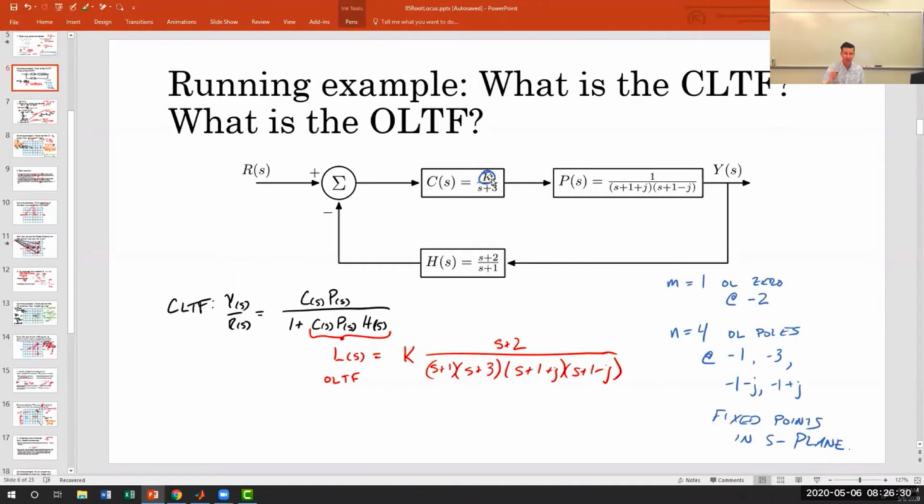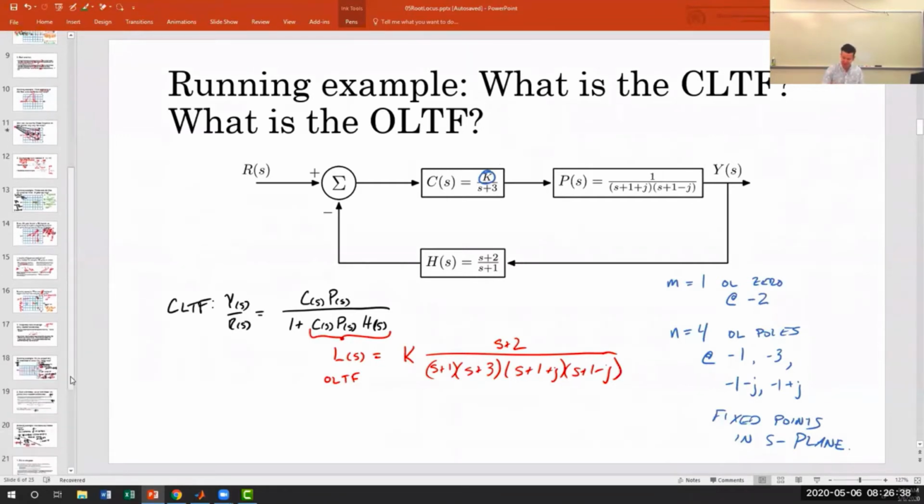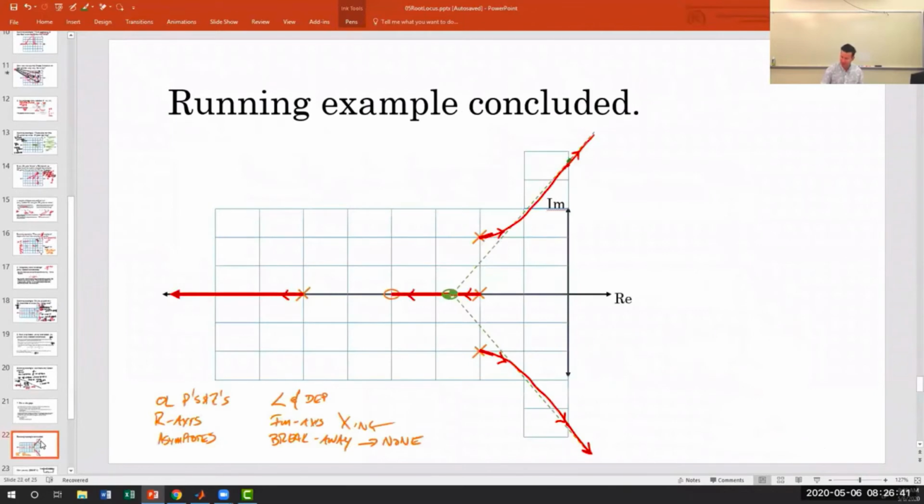Now, probably what you're asking is, what if I have both a variable K and a variable pole here? And that is a significant limitation of root locus design. Because these curves turn into areas, right? So these lines, curves, lines, whatever, are one-dimensional objects, right?